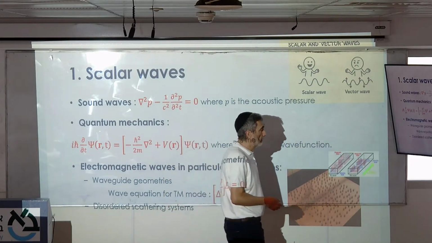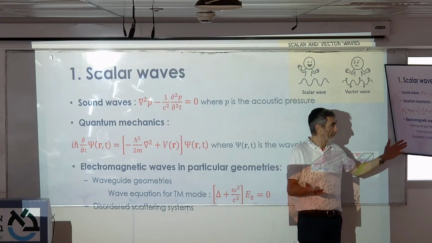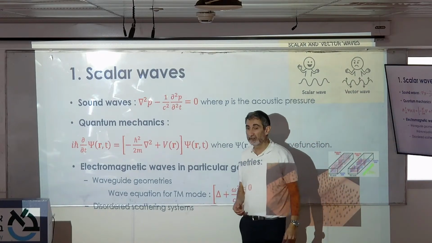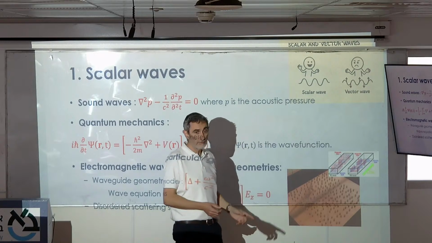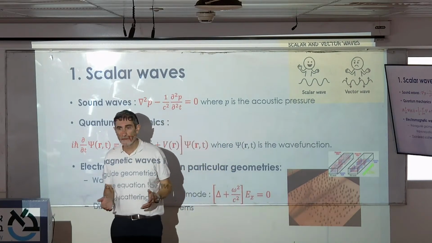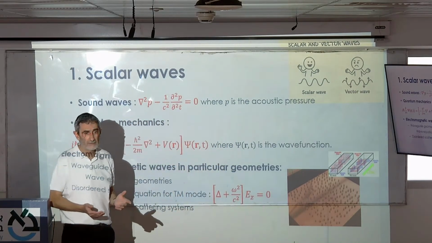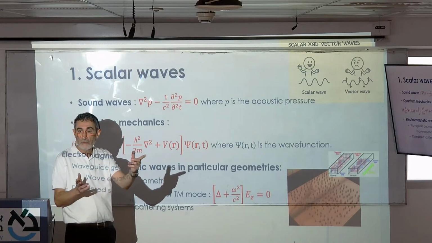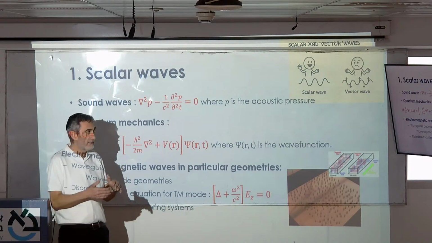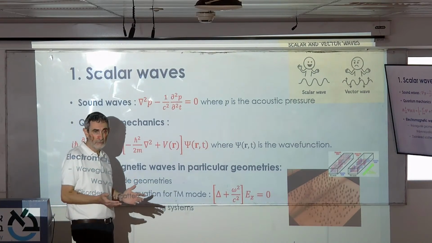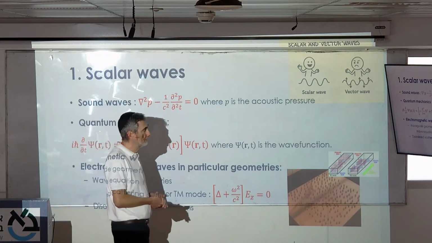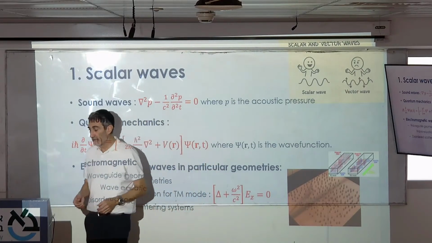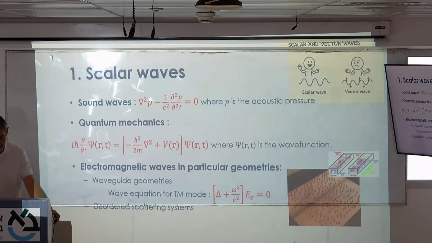Another one is this other system, a scattering system. Why? Because even if the electromagnetic waves are polarized, after many scatterings the polarization will be completely randomized. So we can completely ignore this parameter, polarization, and describe the wave as a scalar wave.